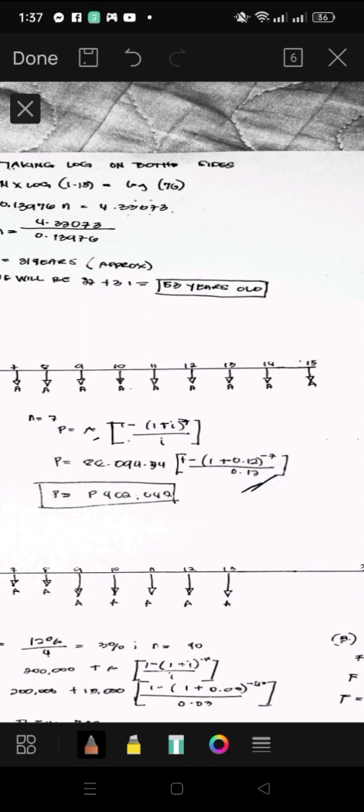So the final answer is 402,042. So that is the principal unpaid after he has made the 8th payment.